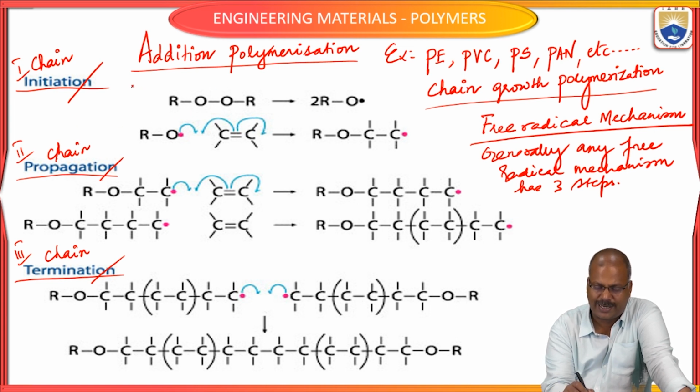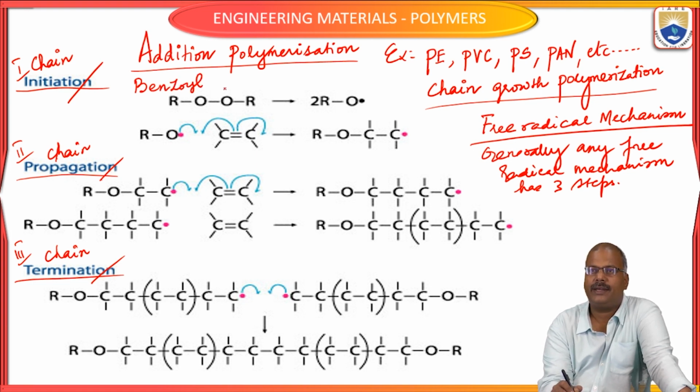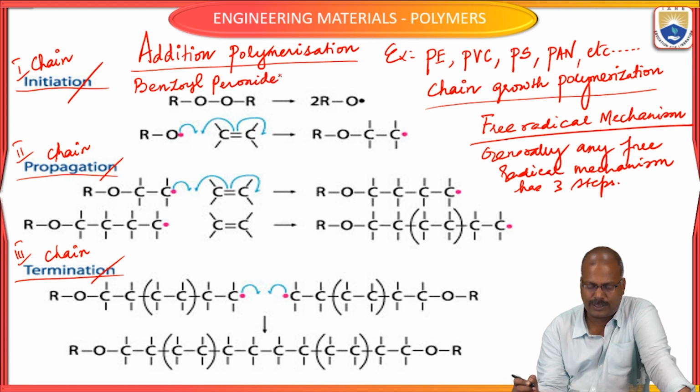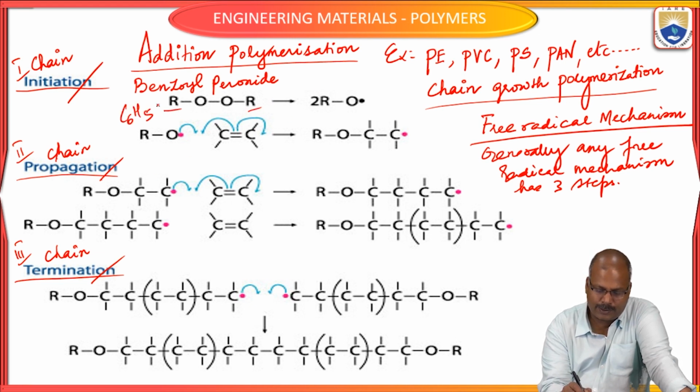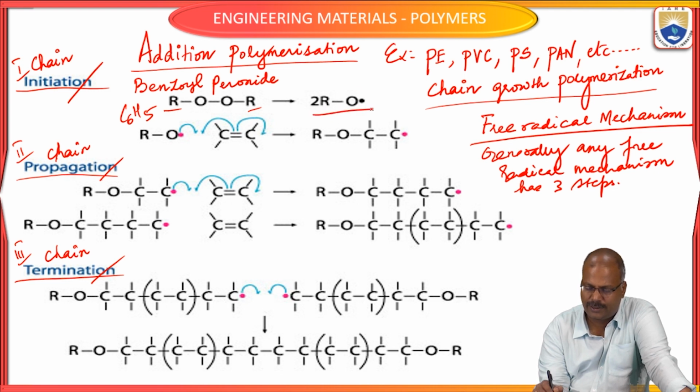First, initiation of a radical. Normally, a peroxide is used to create a radical, benzoyl peroxide or any peroxide. Here, in benzoyl peroxide, R stands for the benzene ring. So we get an initiating radical. This is a free radical.